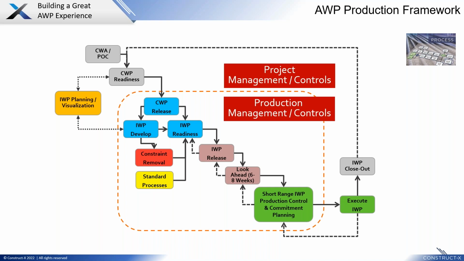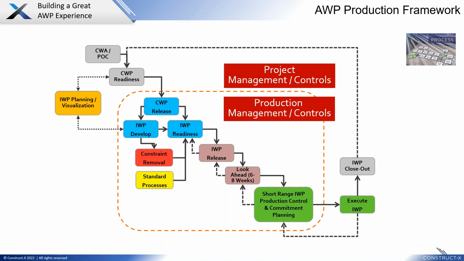Being able to see things always at the CWP readiness level, or the IWP level, right? That visual planning is going to be key to allowing people to absorb the data quickly and make better decisions, right, when they start developing those IWPs and look at those integration sequences, and then finally release something that they know has a better chance of being executed.